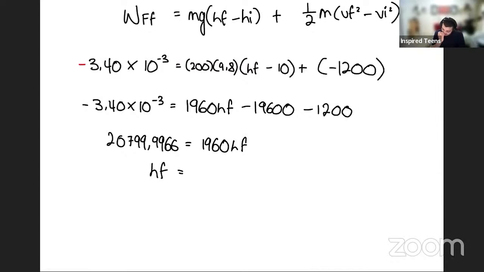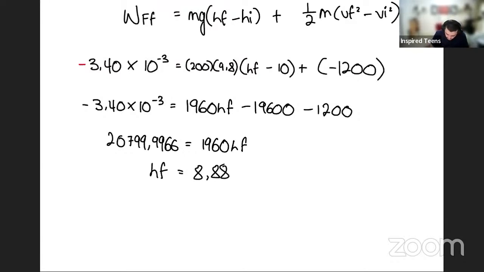I'm getting a different answer. Why? Negative 3.4 times 10 to the negative 3 plus 1600 plus 1200 divided by 9.8 times 200. Okay, never mind. I'm just going to trust my old answer for now.